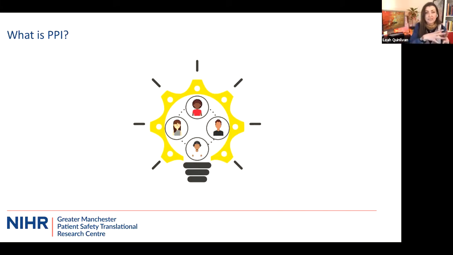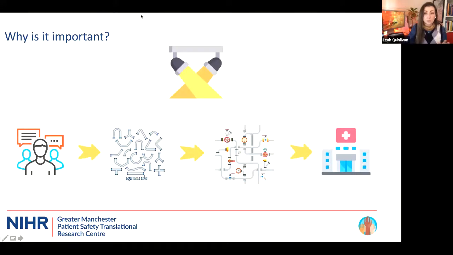And sometimes those terms refer to the level of involvement when you're involving people. And obviously from our perspective, irrespective of the term, we like co-production models where people are involved throughout the full process.